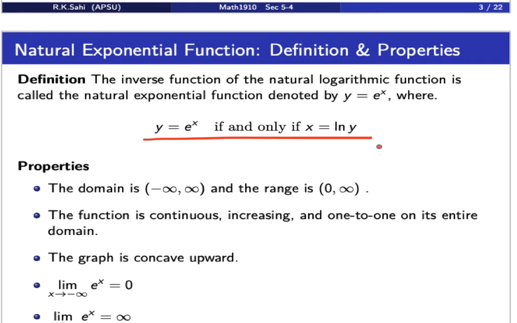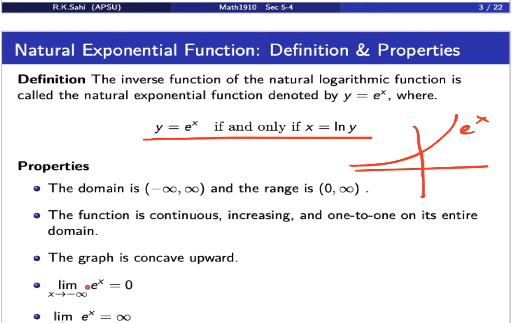This is how the graph of an exponential function e to the power x looks. The domain is the whole real line. The range is from 0 to infinity. It's never going to touch the x-axis. This function is continuous, increasing, and 1 to 1 on the entire domain. It's concave upwards.